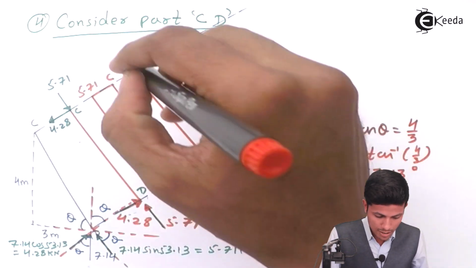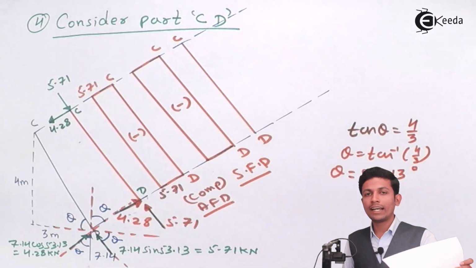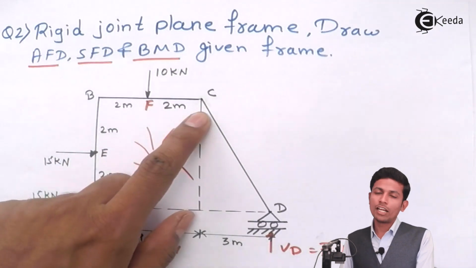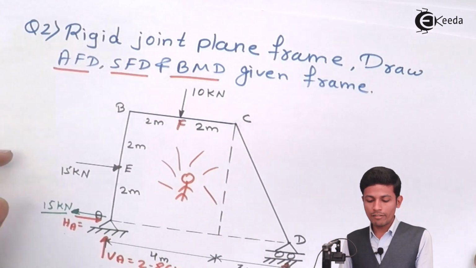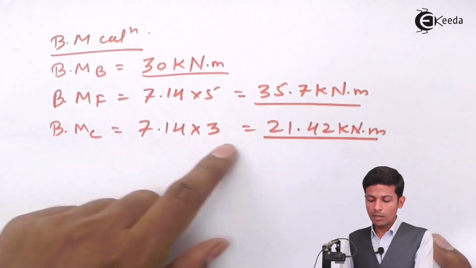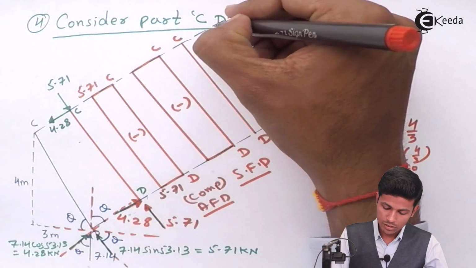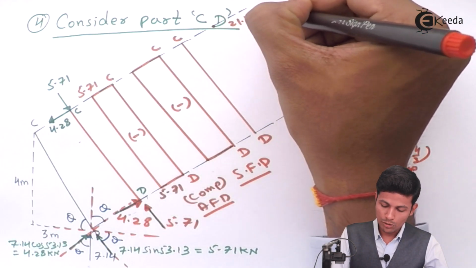Now draw the bending moment diagram. Now this is D part and this is C part. As in the previous sum, you calculated bending moment at C. Always see the original diagram for bending moment at C. We have already calculated bending moment at C. See, bending moment at C value will be 21.42. Directly solve over here. This is positive. 21.42 kilonewton meter.